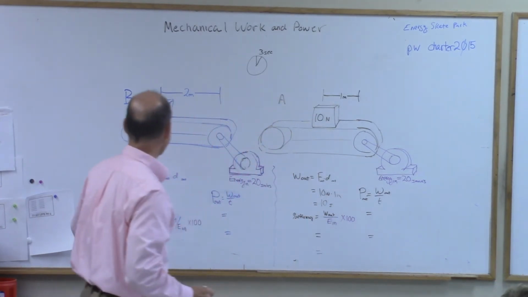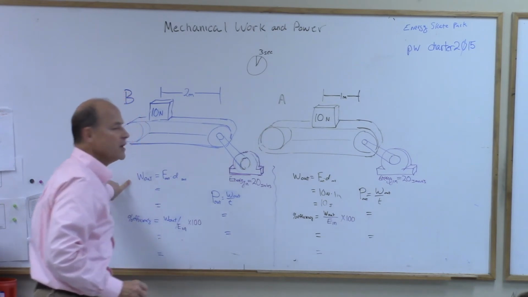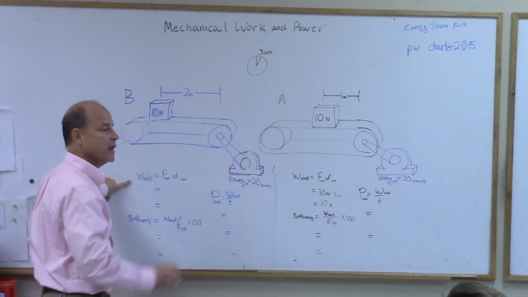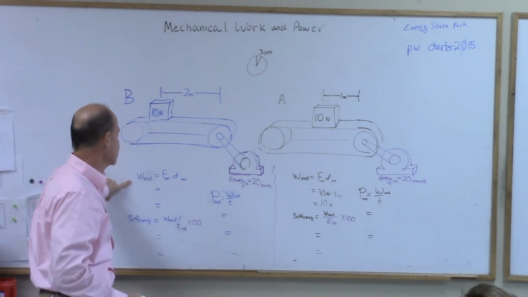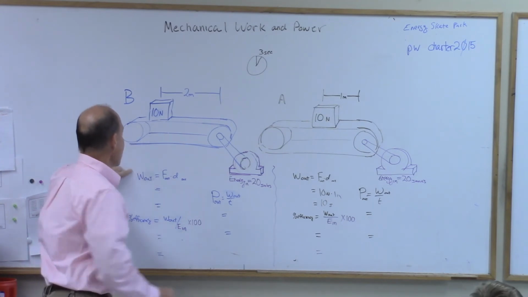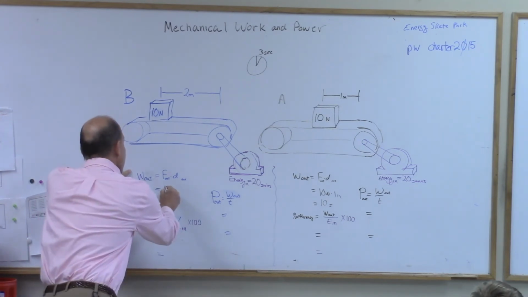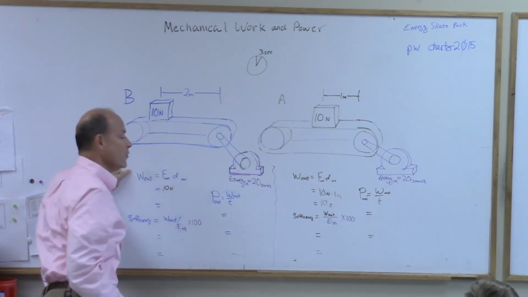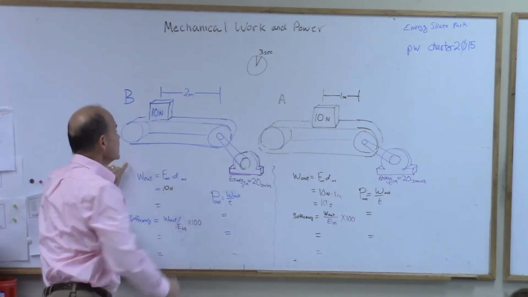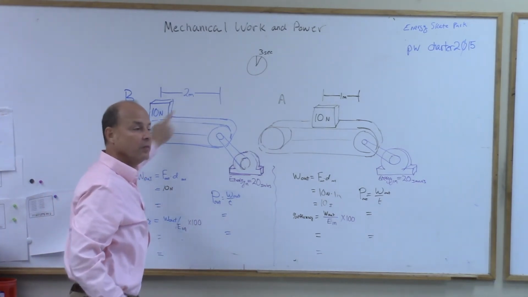So let's look at conveyor belt B. Yes, you're following along. I think I skipped the first line there, but you guys are smart. I'll come back to that in just a minute. The work we're getting out of the second machine, we're applying the same force of 10 newtons. That's our force out. The distance that it's moving, however, is 2 meters.